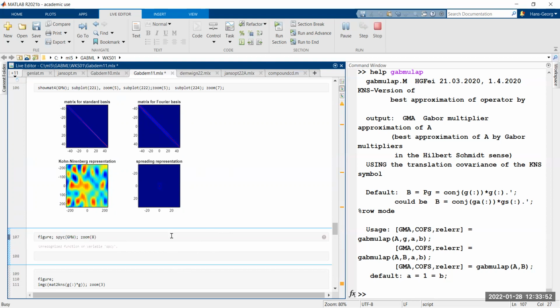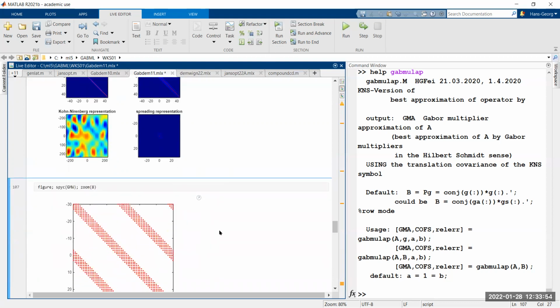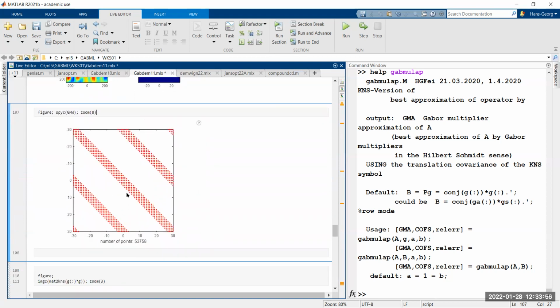So in the spreading domain, it's constant, it's near 0, but no, that's not the spreading function, it's the operator. So you see the tridiagonal structure, so to say, but I wanted to show you the spreading representation, because that's why these Gabor multipliers were started from the beginning.